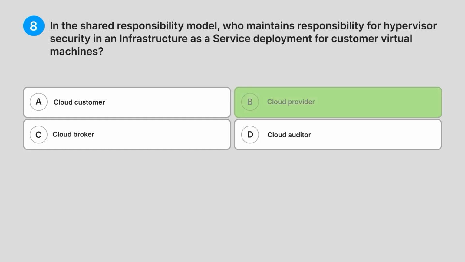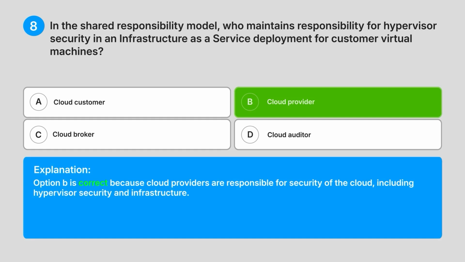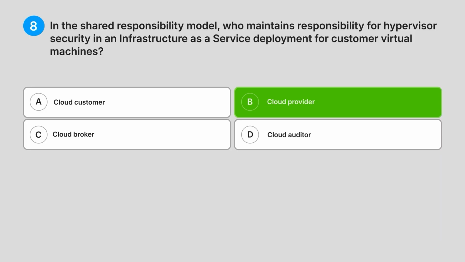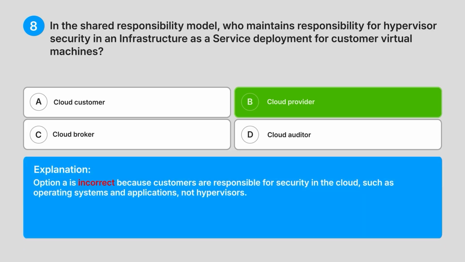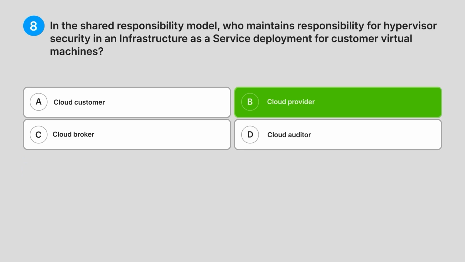Correct answer, B. Cloud provider. Explanation: option B is correct because cloud providers are responsible for security of the cloud, including hypervisor security and infrastructure. Option A is incorrect because customers are responsible for security in the cloud, such as operating systems and applications, not hypervisors.